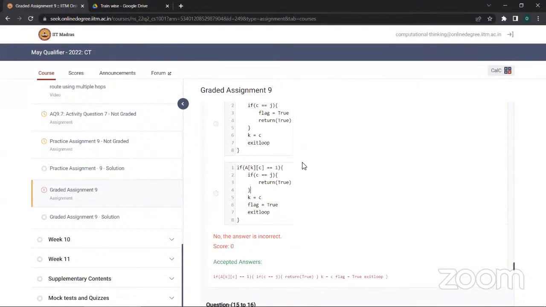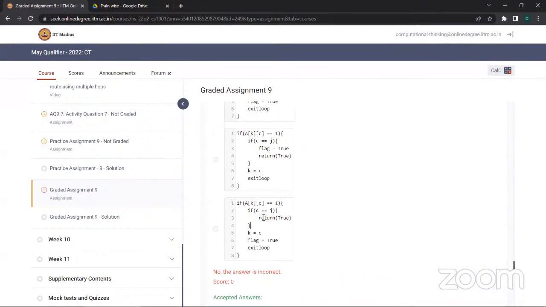If you are checking between 0 and 1, then your I is 0 and J is 1. Then you see, in that case, what happens? Your K is 0, and you're trying to find some C, right? At some point, this C will also become 0, right?